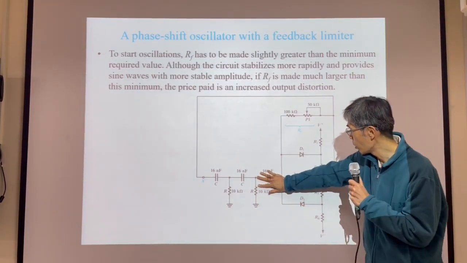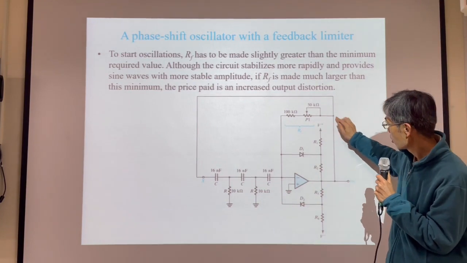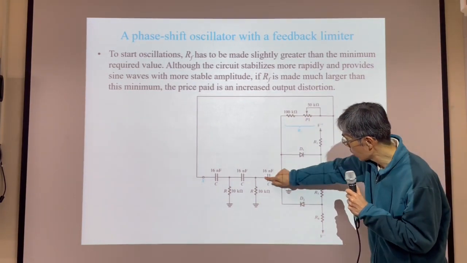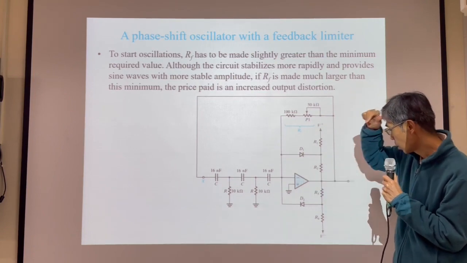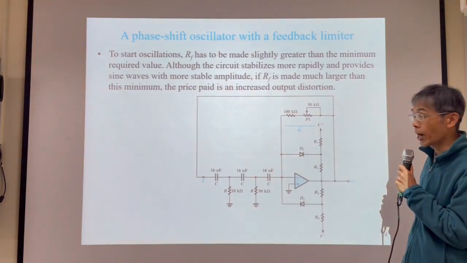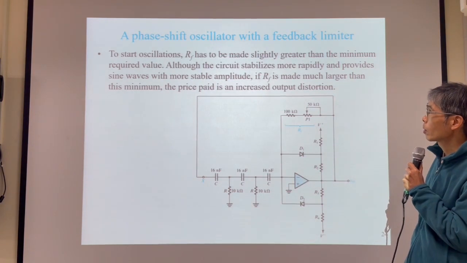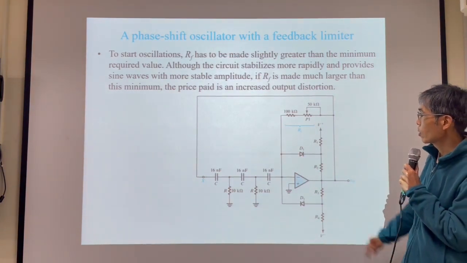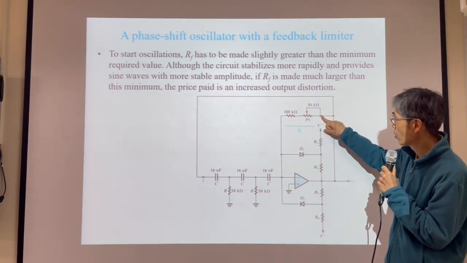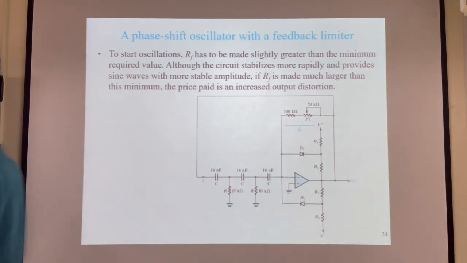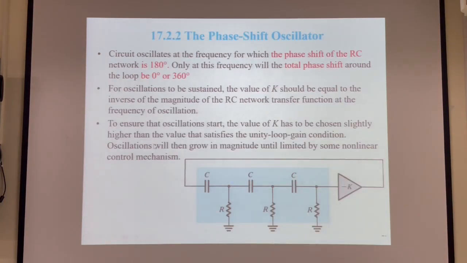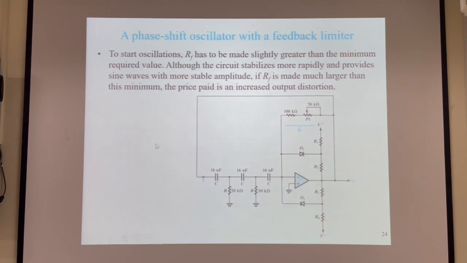And this one is the RC network plus the gain to create the oscillation. So the RF value is here. So this is the phase shift oscillator.